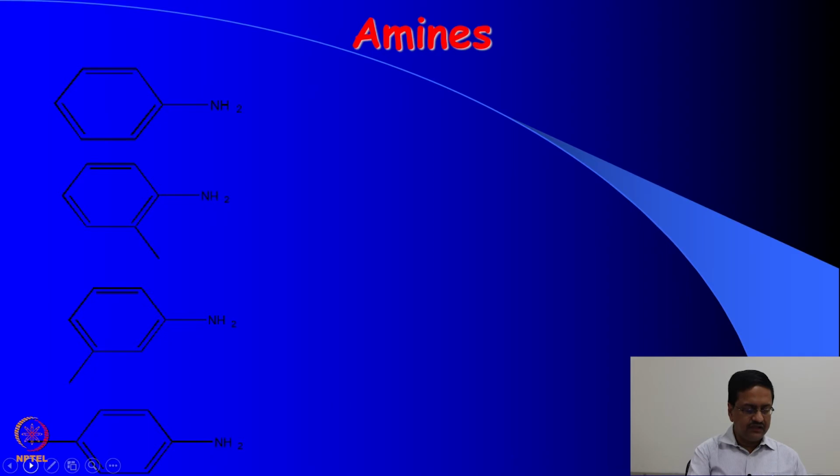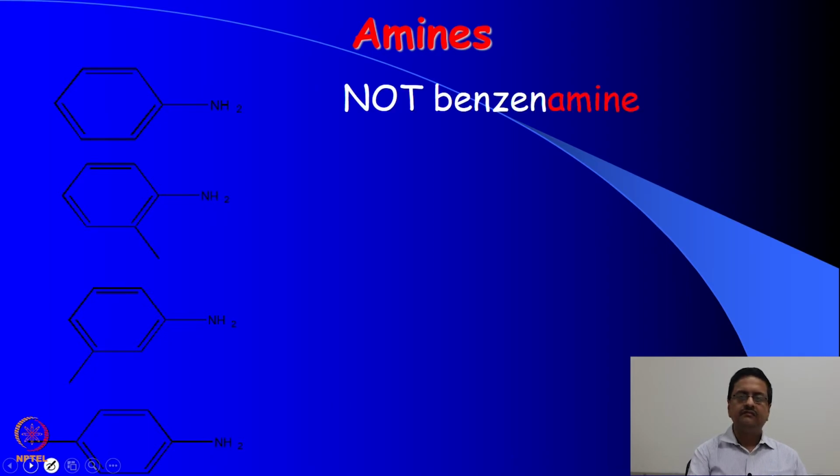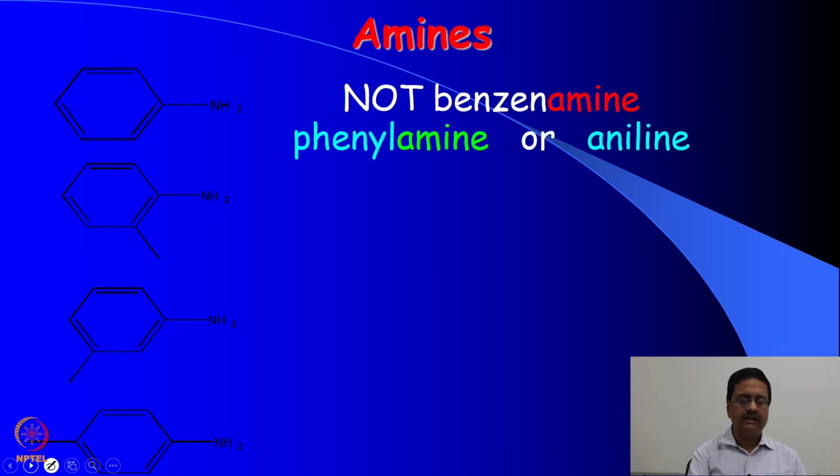There are possibilities of aromatic amines. Here we do not write benzene amine, rather we write phenylamine, because the group which is C6H5 is the phenyl group. We have a specific name for that called aniline.